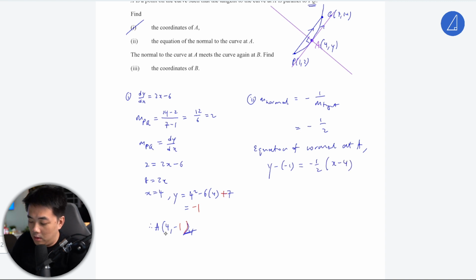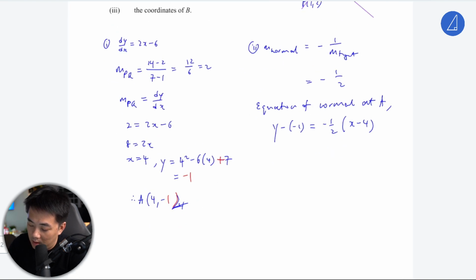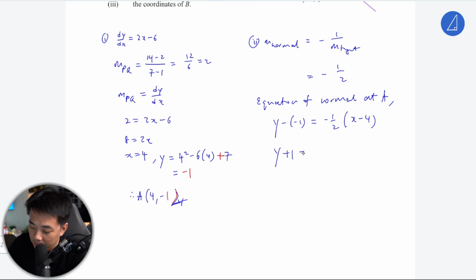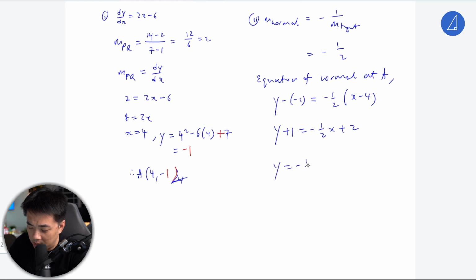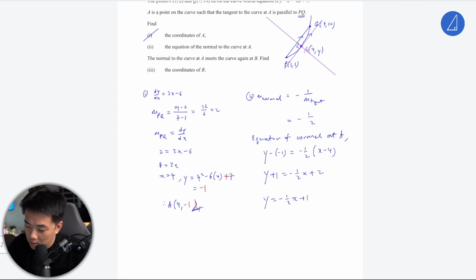That will be y plus 1, plus 2. Just distribute it: y equals minus half x plus 1. Great, so there you go.